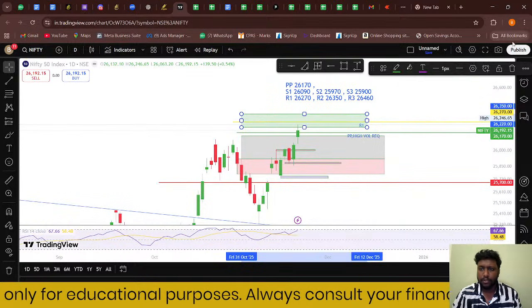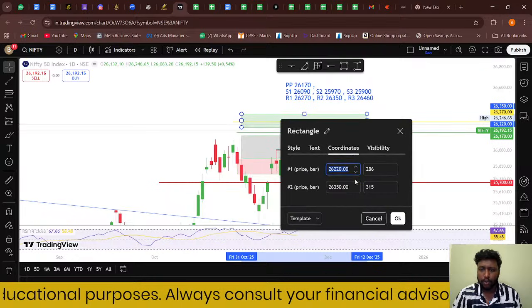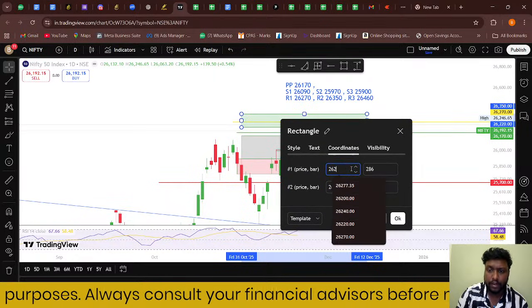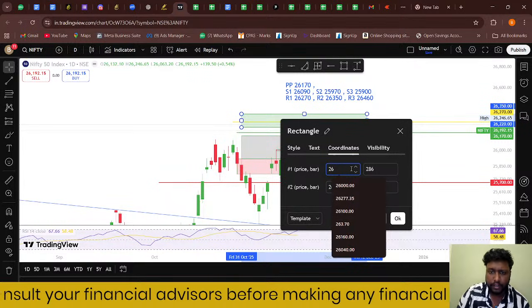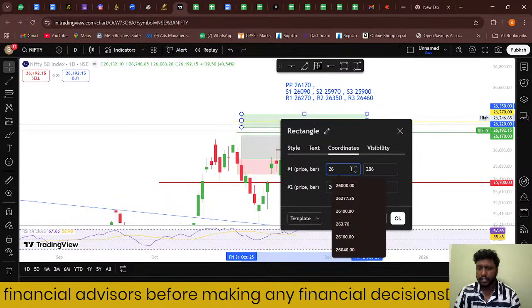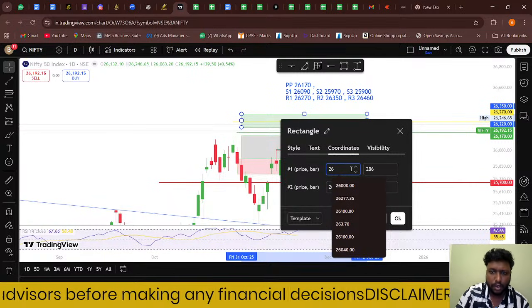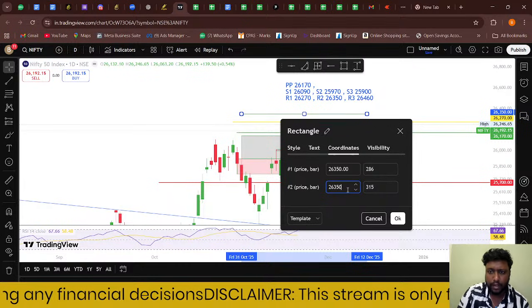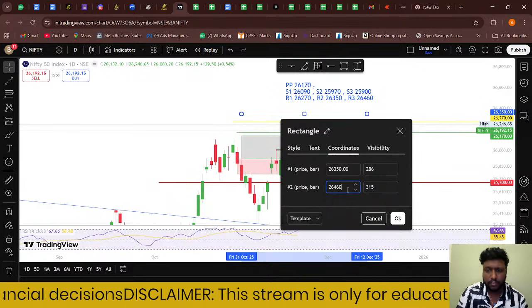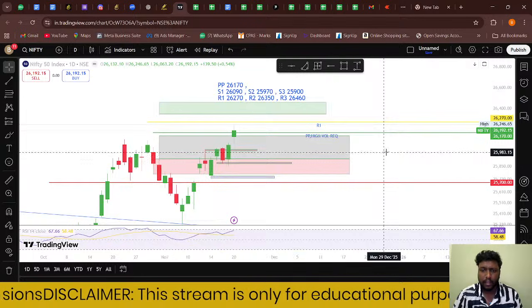Our bullish zone will be between R2 and R3. Yesterday we were planning for a trade from R1 to R2, and we exactly got the same result as we discussed yesterday. R2 will be at 26,350 and R3 will be at 26,460. So this is the bullish zone for the day.